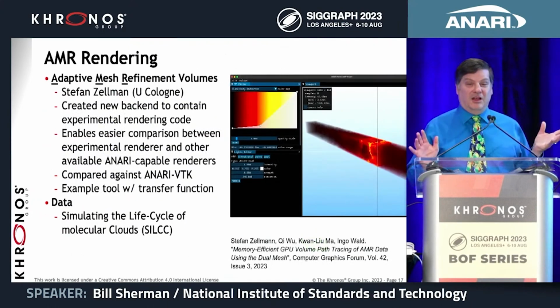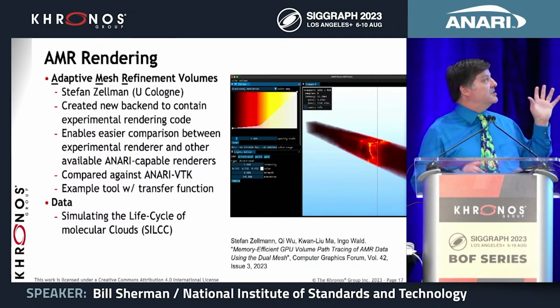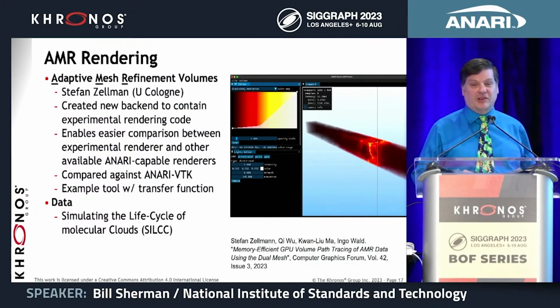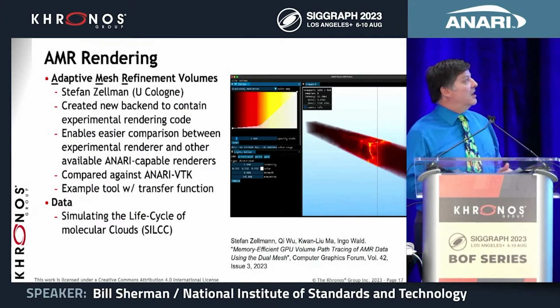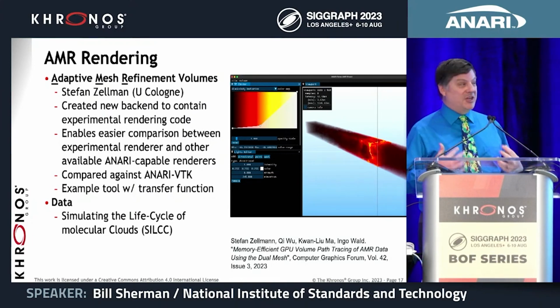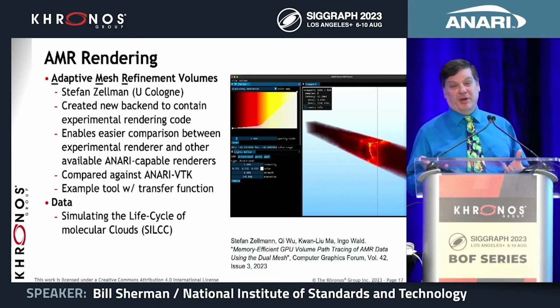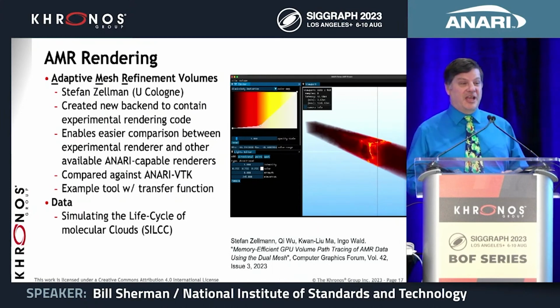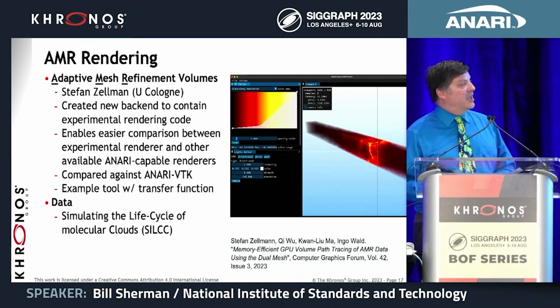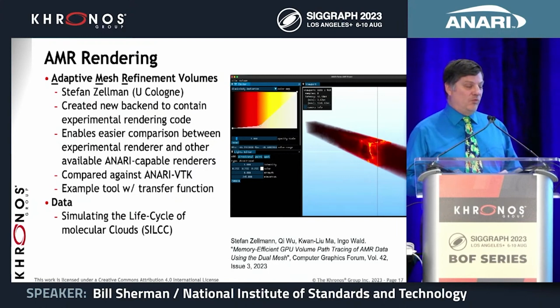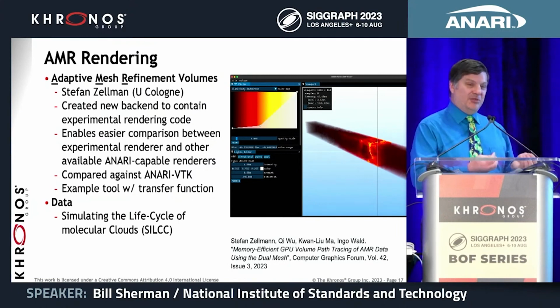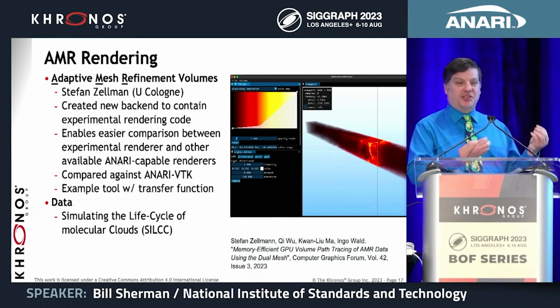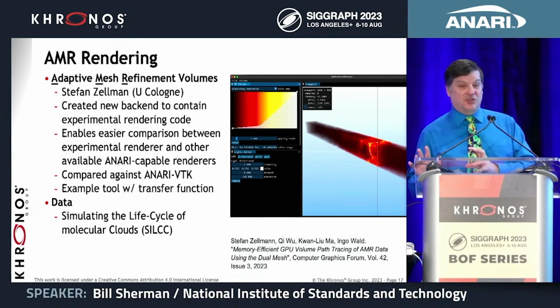All right, so one of the third-party examples, Stefan Zellman from the University of Cologne, came to our webinar from a year or so ago and was excited about Anari. He had already written his own specialized renderer that did adaptive mesh refinement, and wanted to be able to compare it, right? He's doing academic research. He wants to compare both the rendering quality and the time to render.